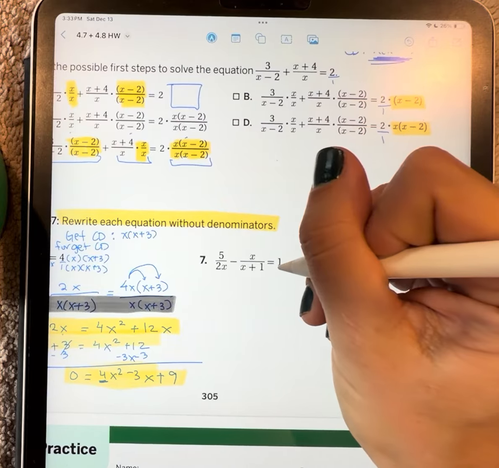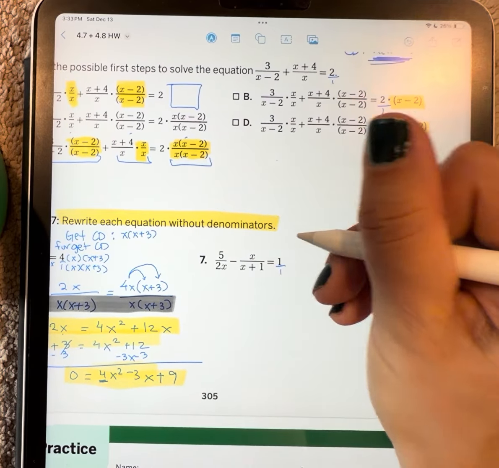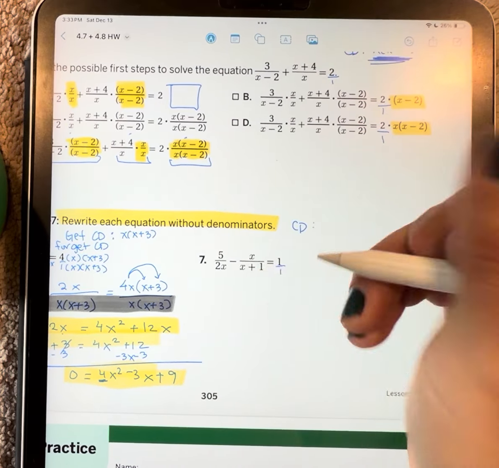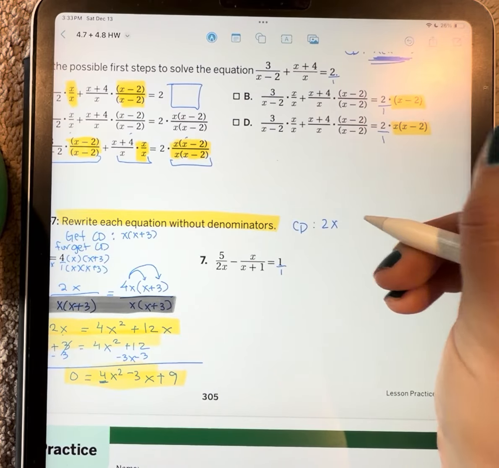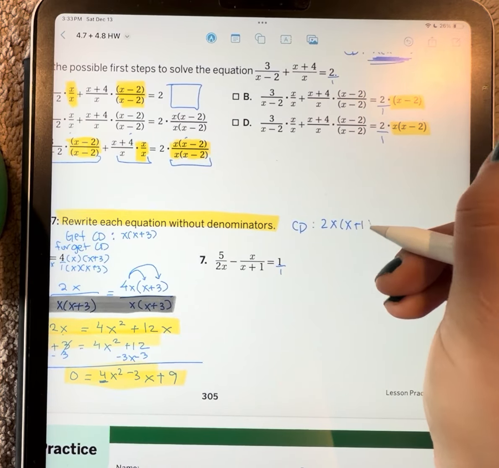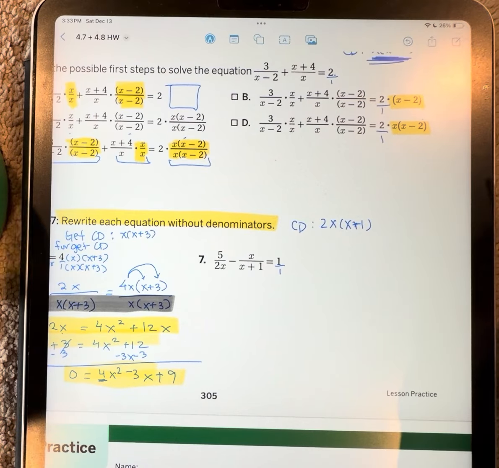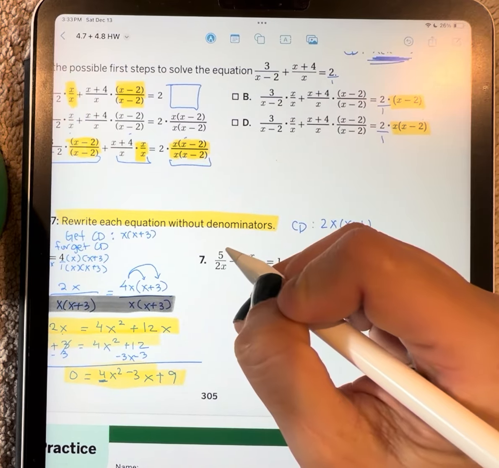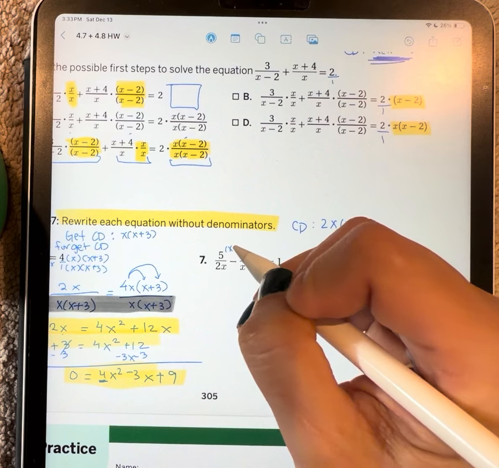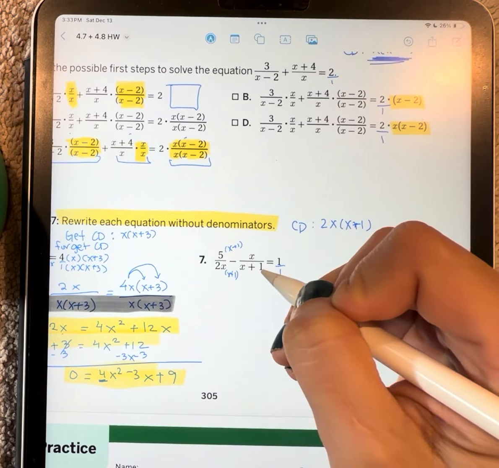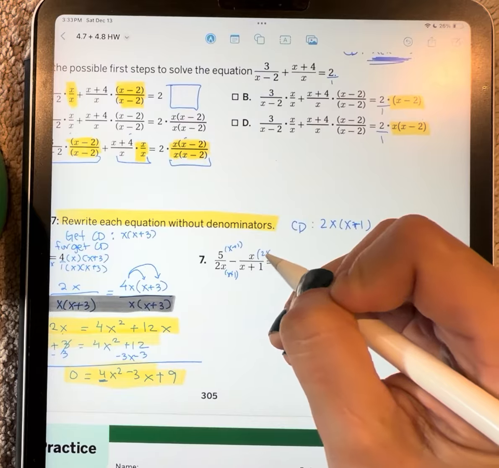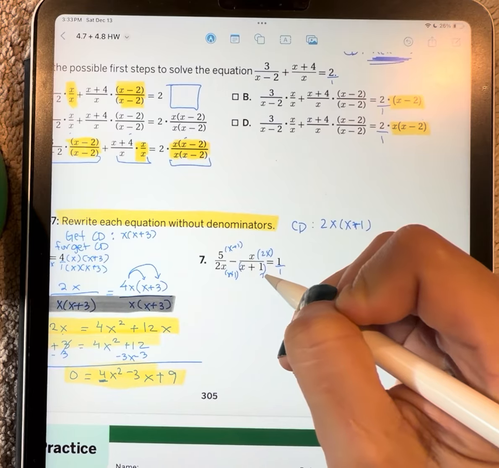Okay, here we go. This 1 is over 1. My common denominator here is 2 and x plus 1. So let's go multiply everybody by what they need. This needs an x plus 1 and an x plus 1. This needs a 2x and a 2x.